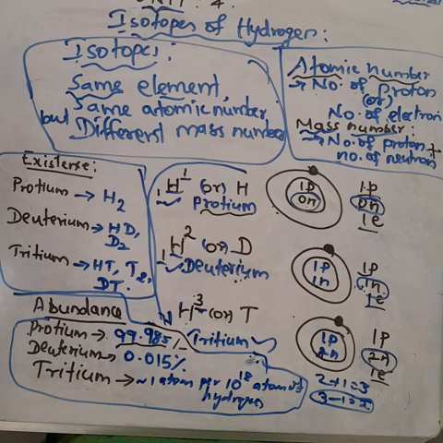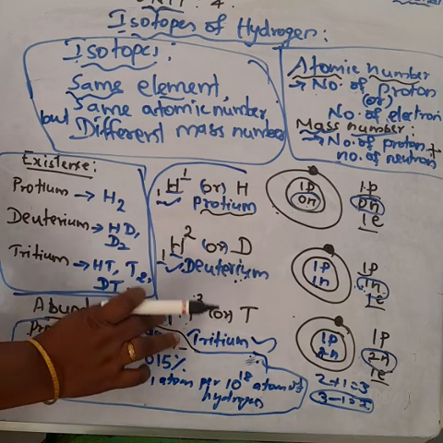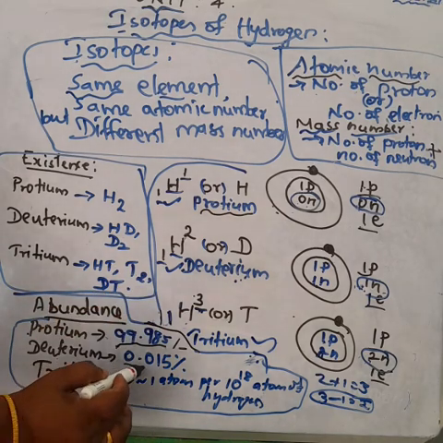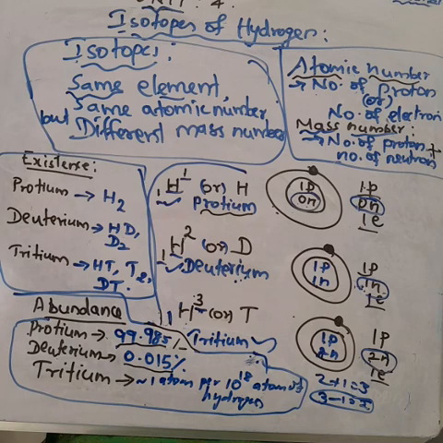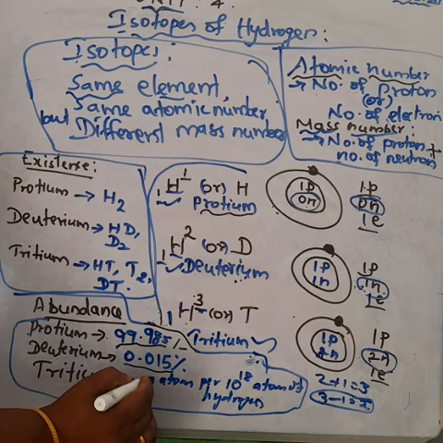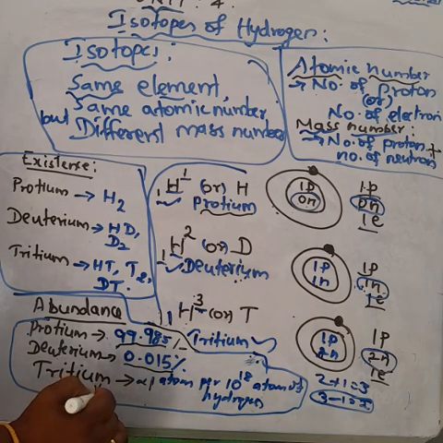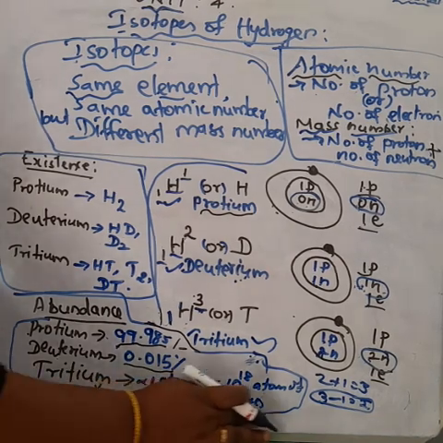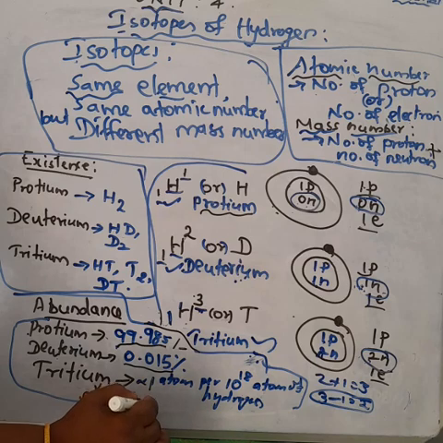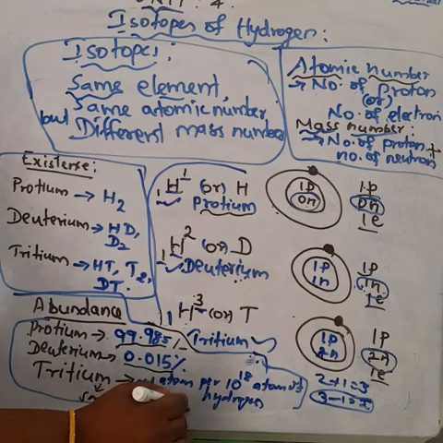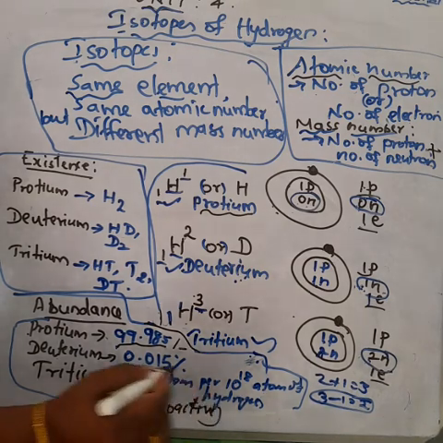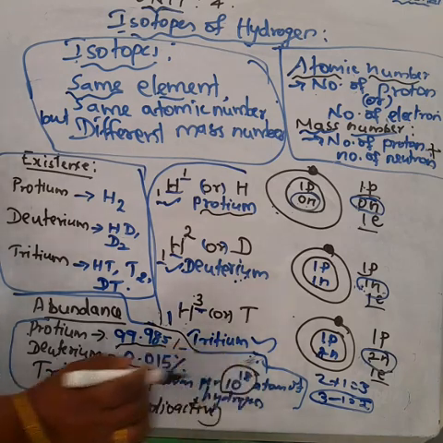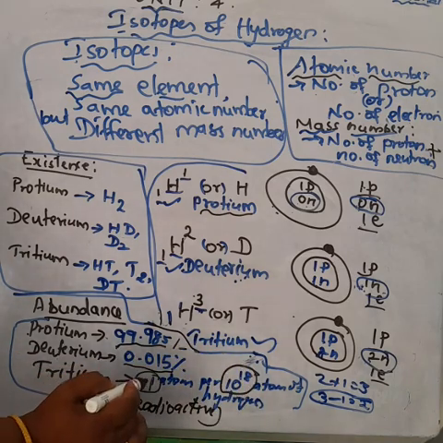In the case of deuterium, only 0.015%. Tritium, a radioactive isotope, is present in a very small amount: one tritium atom for every 10 power 18 atoms of hydrogen.